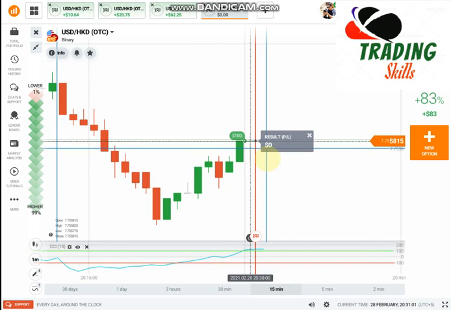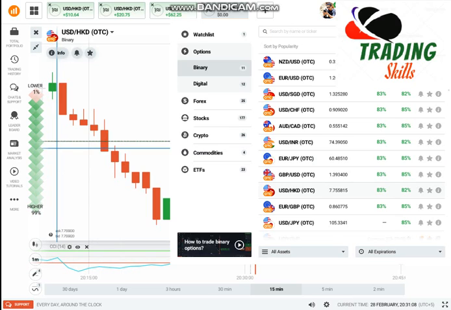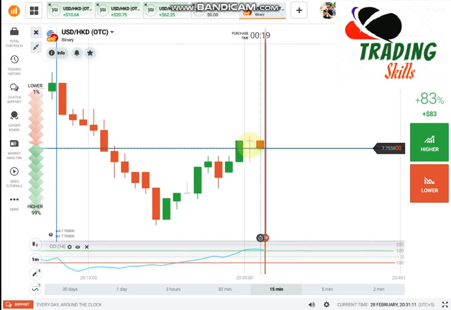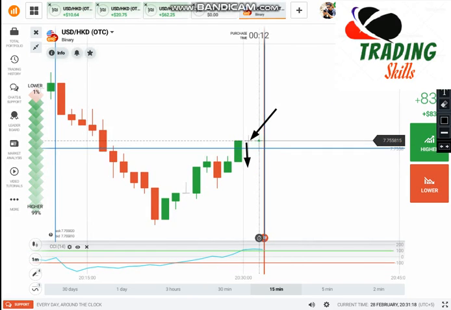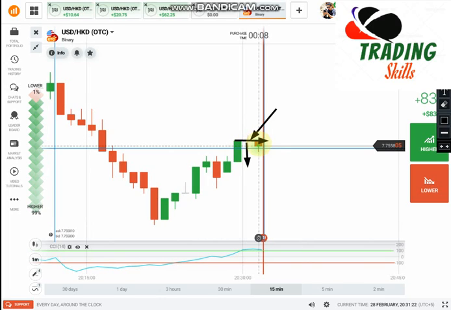Okay, let me show you again here. So now this candle is showing the presence of the sellers, so buyers are not confident here, so therefore we got an ATM. Now you will see sellers will enter into the market.